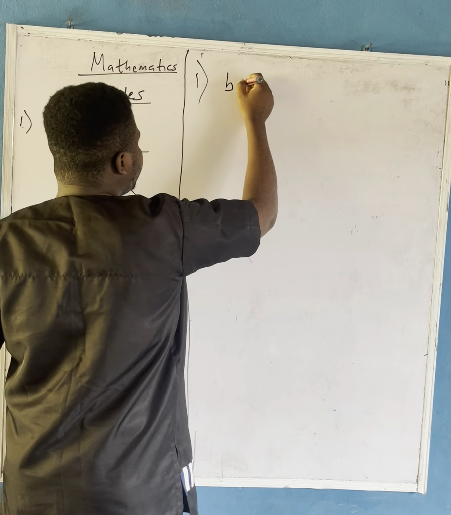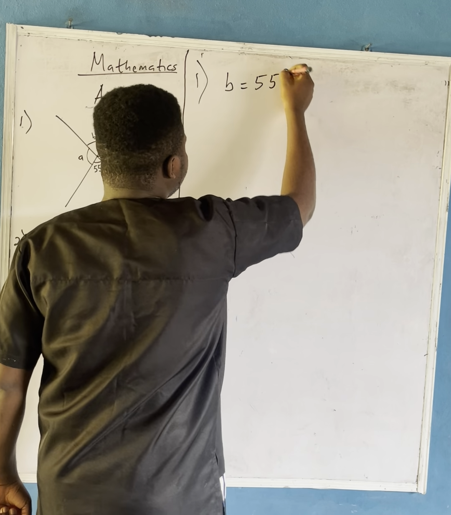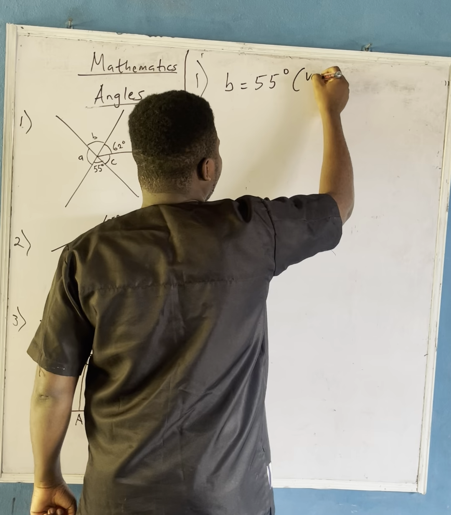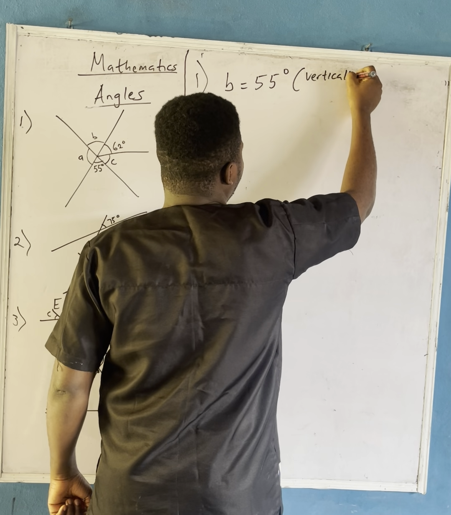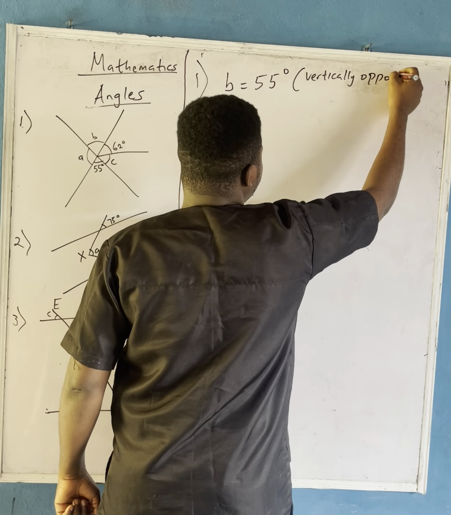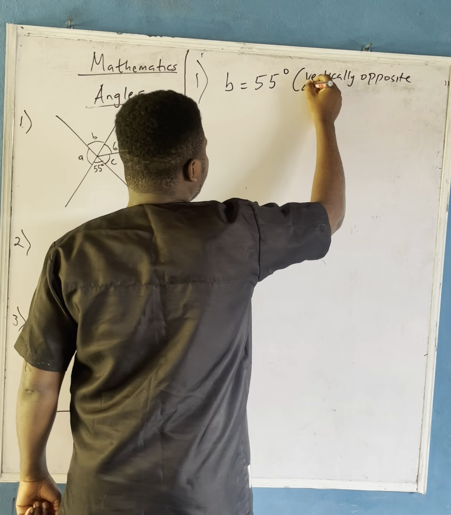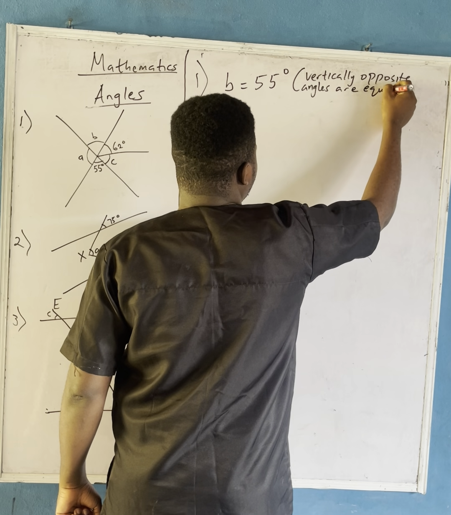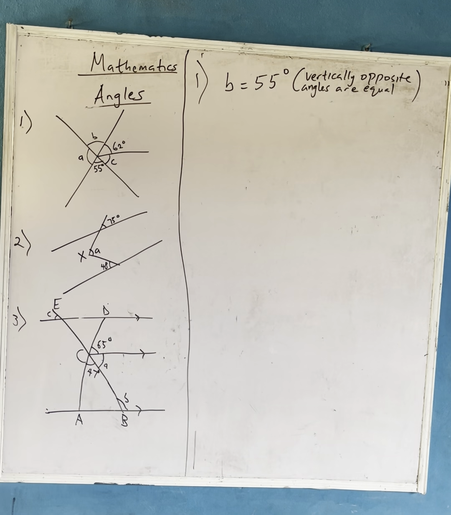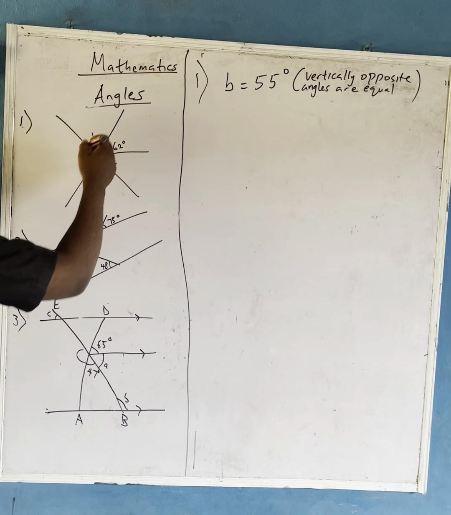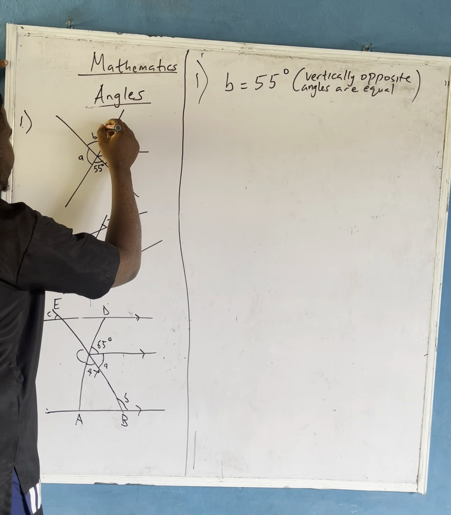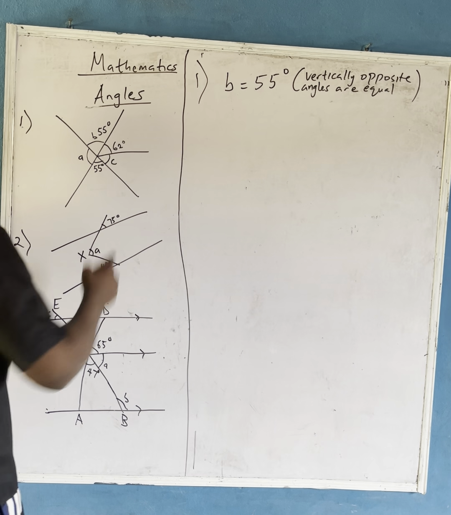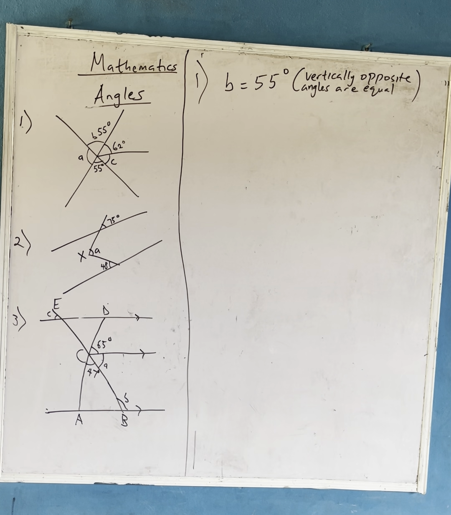So B is equal to 55 degree. So this B now is 55 degree.